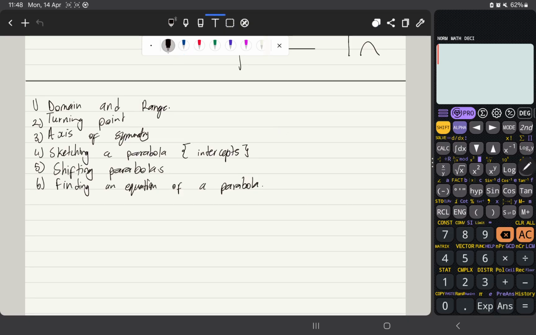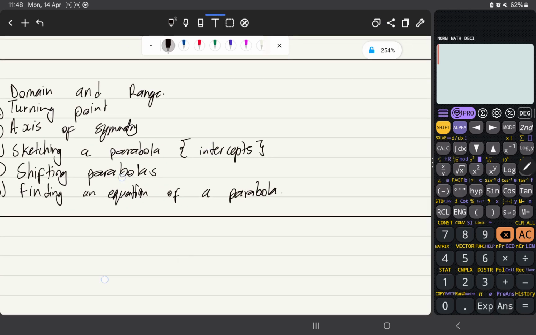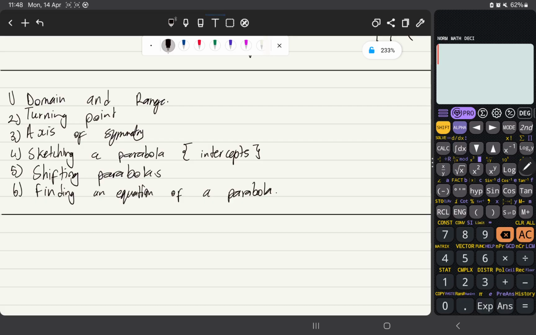Maybe I draw a line. For number 1, let me go for green. Let's talk about the range of a parabola, which is the very simplest one, because the range of a parabola is like a range of a linear function.